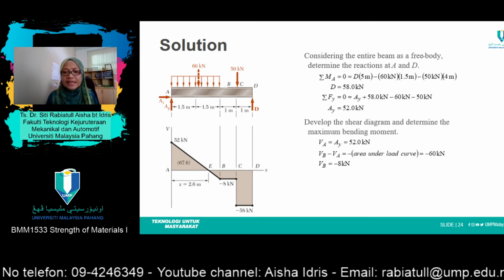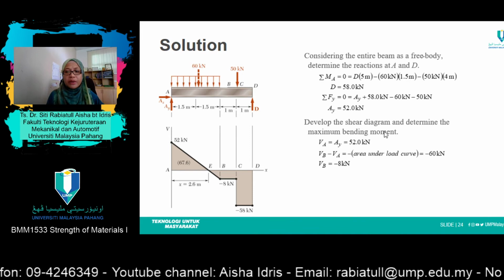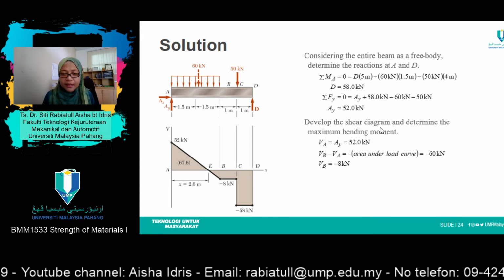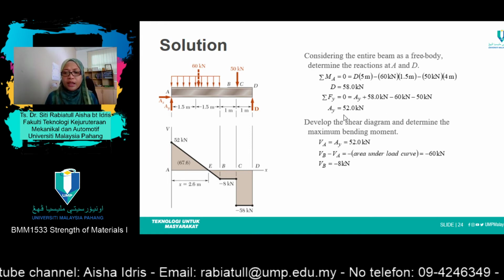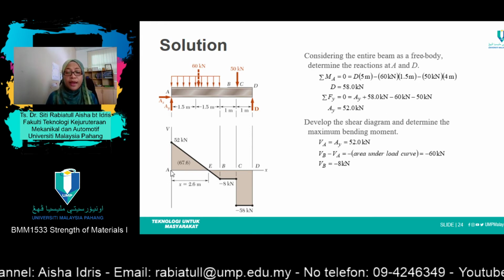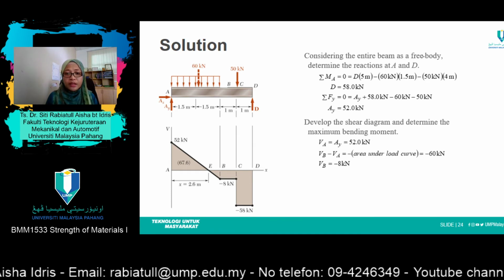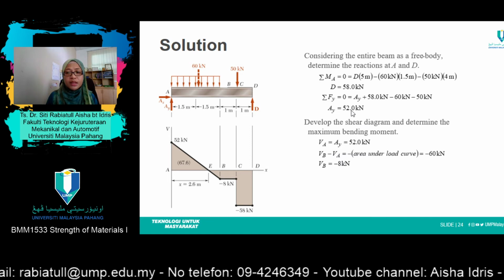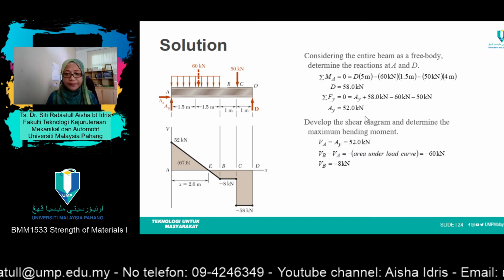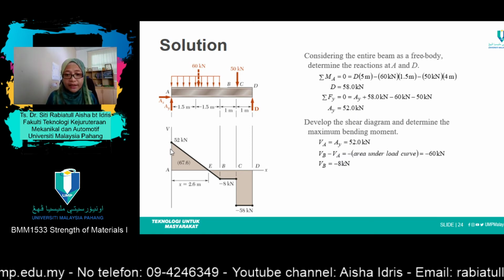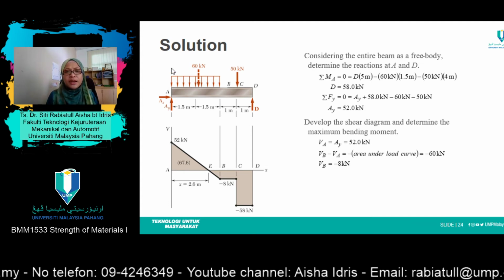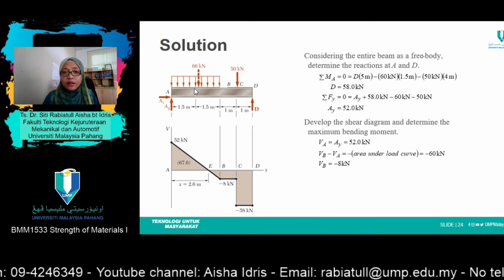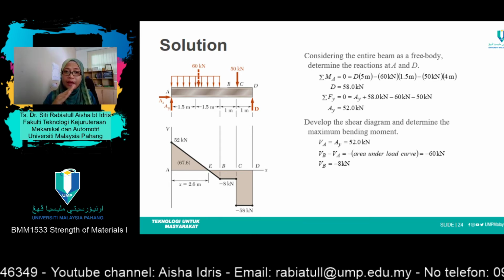So next is to develop the shear diagram and determine the maximum bending moment. How to find it: for point A, V at this point A, for x equals to 0, we know at this point we have AY. So VA equals AY, which equals 52 kilonewton. So we got one coordinate here, 52. Now, since this is uniformly distributed, the graph will have a slope.